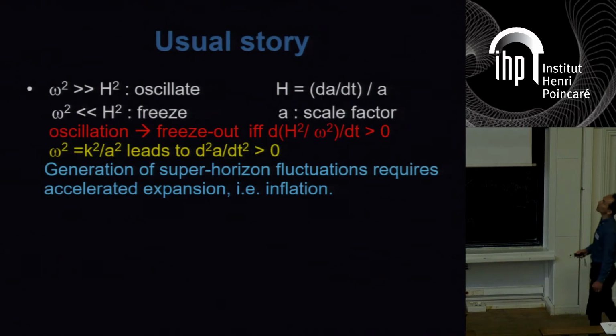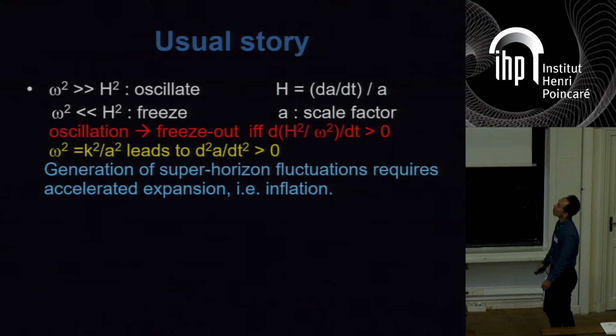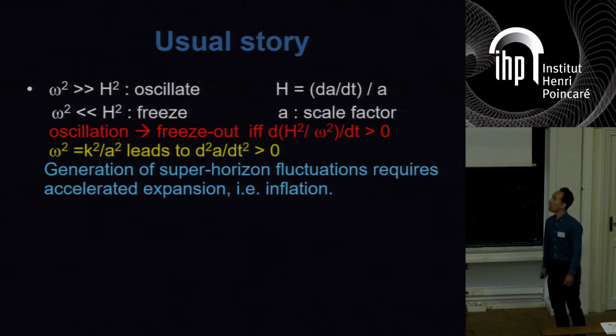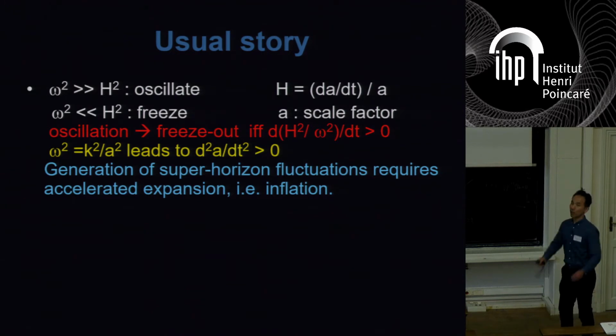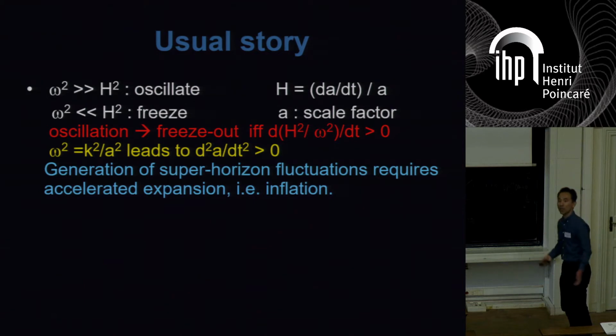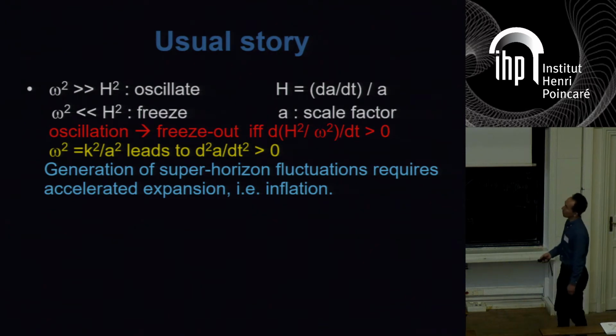Let me explain this. Everyone knows, but just as a warm-up. So in cosmology, we consider a homogeneous isotropic universe and the perturbation around it. The perturbation is decomposed into Fourier modes, and each Fourier mode is characterized by frequency omega. When omega is much larger than the Hubble expansion rate, then that mode doesn't care about the expansion of the universe, it just oscillates.